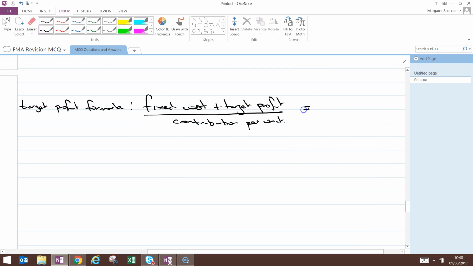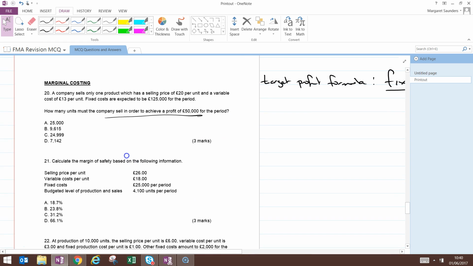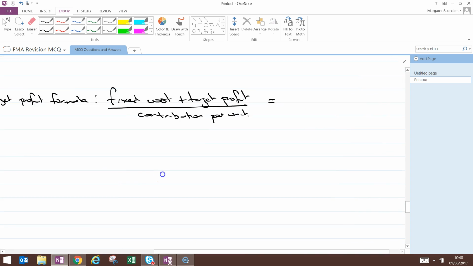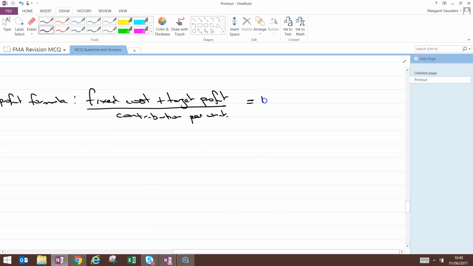So fixed costs, let's go back to the question, 125,000. Target profit 50,000. So fixed costs 125,000, target profit 50,000. And we need to divide that by the contribution per unit.